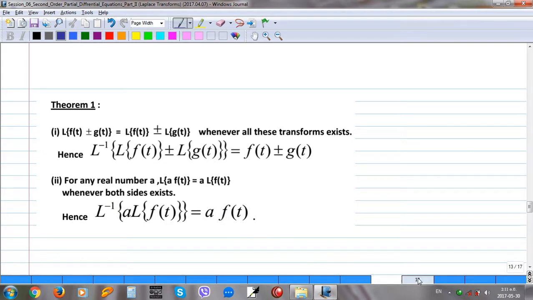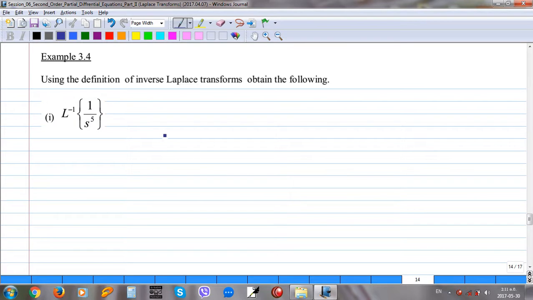Okay, and these are some examples. Using the definition of the inverse Laplace transform, obtain the following. This is just like integration.